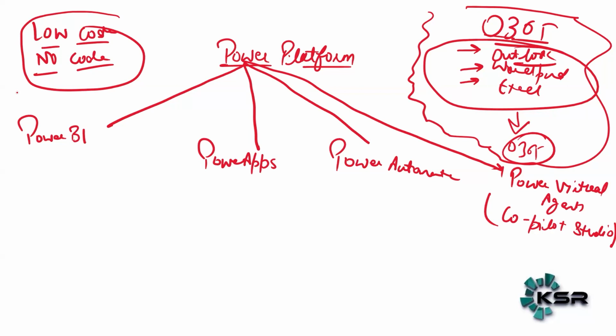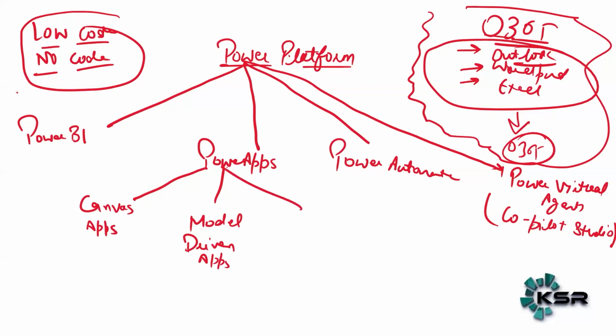So then another bifurcation is Power Apps. We have Canvas apps, we have model driven apps, then you have Power Pages. Cool.